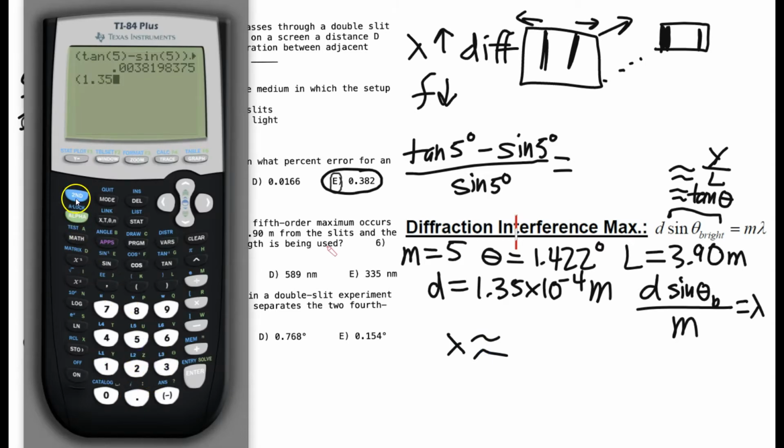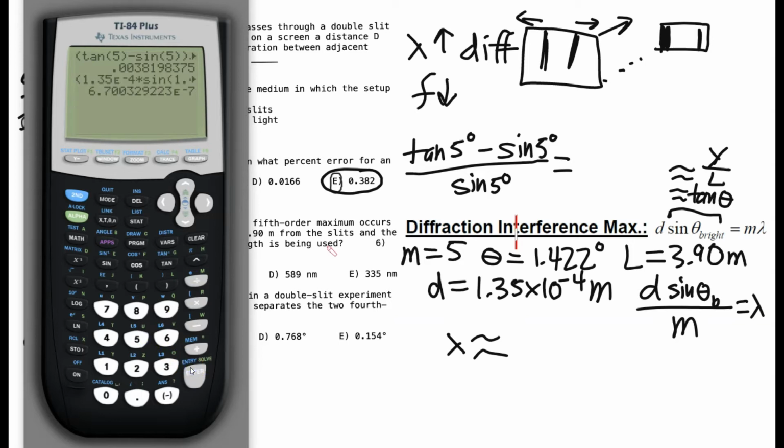1.35 times 10 to the minus 4. And we can use the exact value times the sine of 1.422 degrees. Close out the parenthesis, close out the numerator, divide by m, and m is 5.